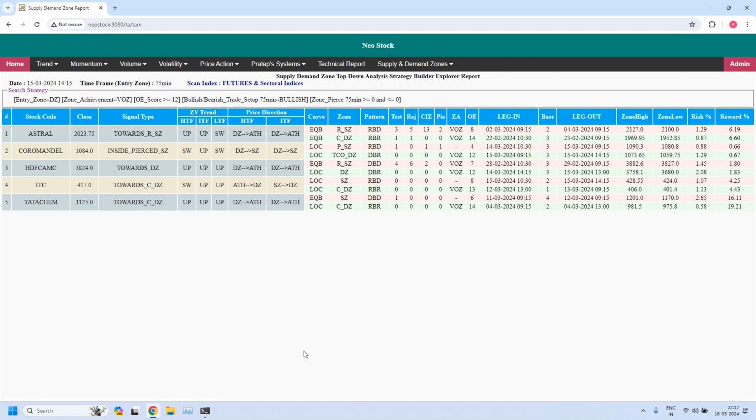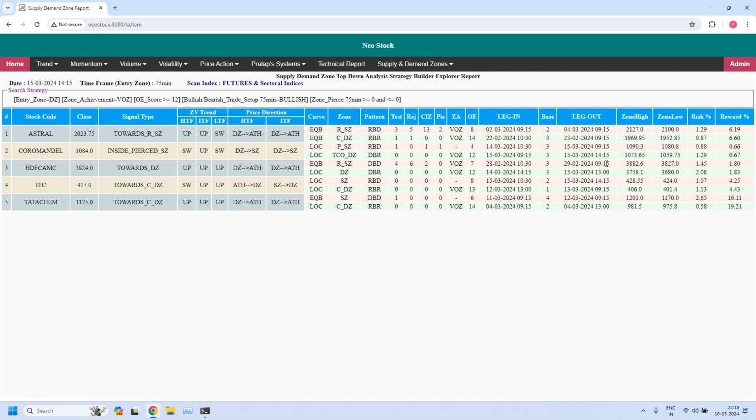But you have to fine-tune the zone. Fine-tuning the zone only will tell you whether the zone has order flow or not. At the 5-minute time frame, if you find the order flows, that means you have fine-tuned 5-minute zones. Then it is safe to trade in that zone. Otherwise the zones will be violated.